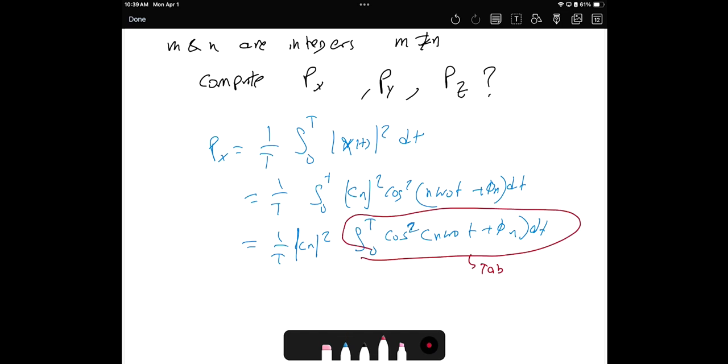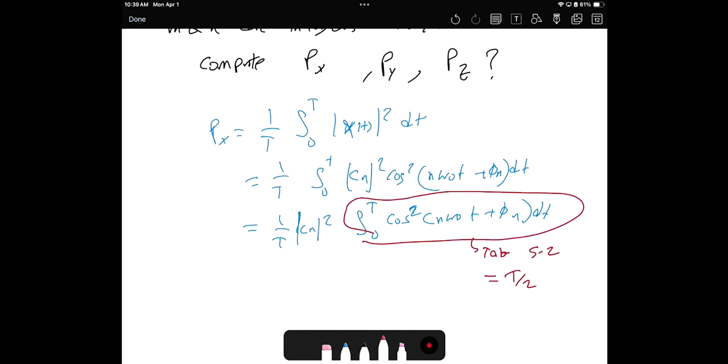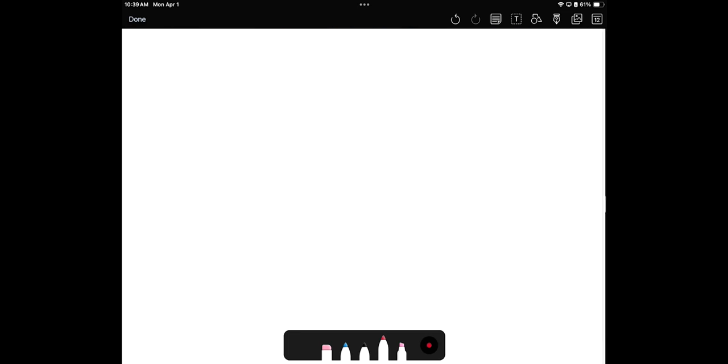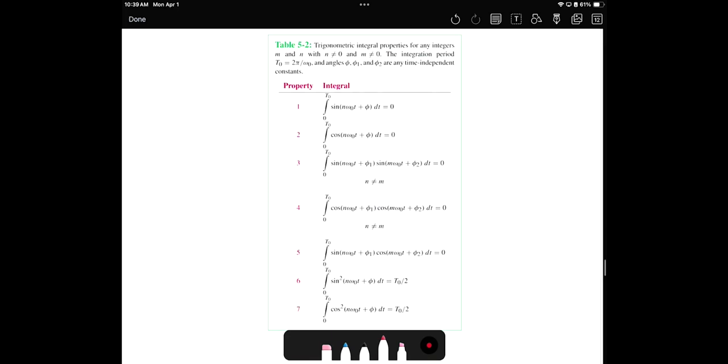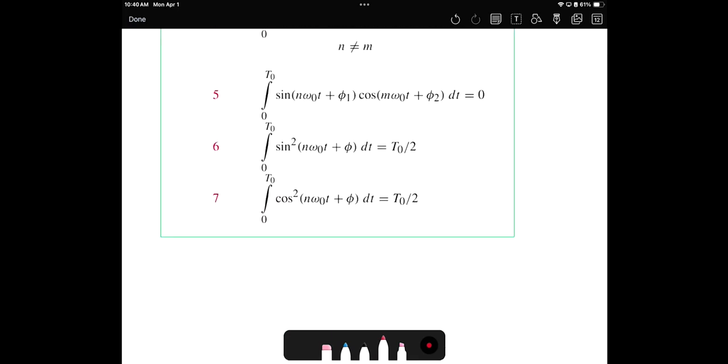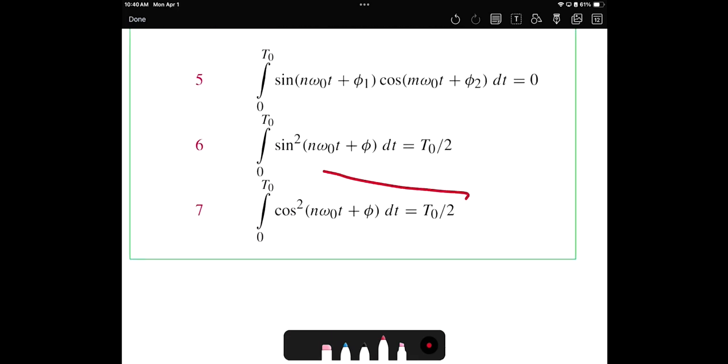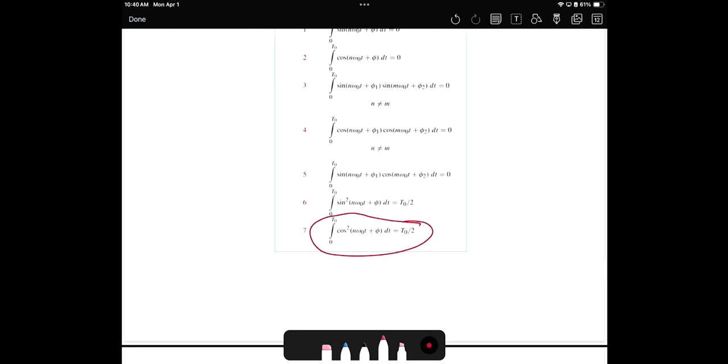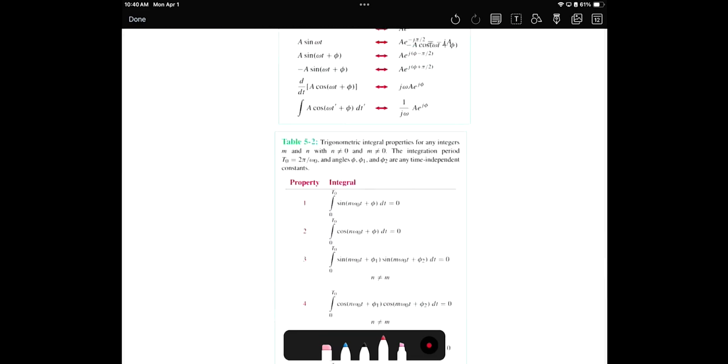Let's go to Table 5.2, which has some integrals. You'll see the integral of cosine squared from 0 to T will be T over 2. So let me go back to the lecture now.